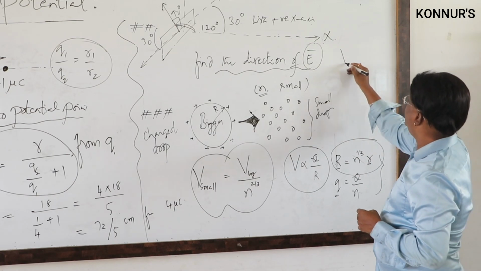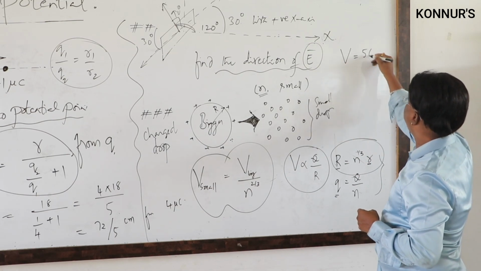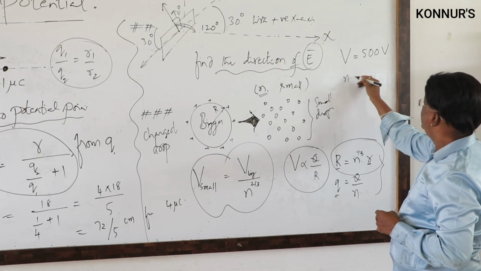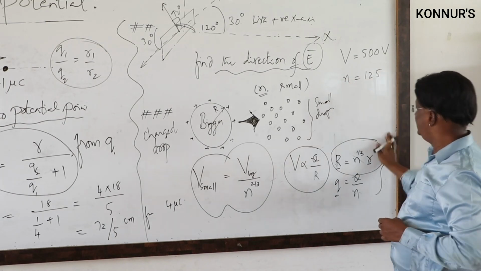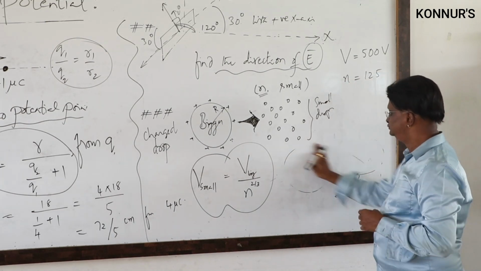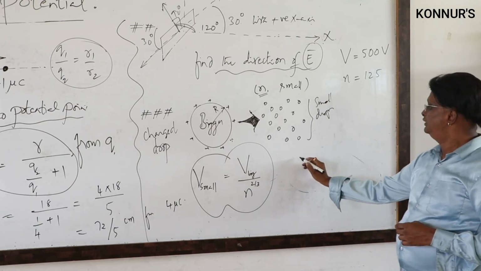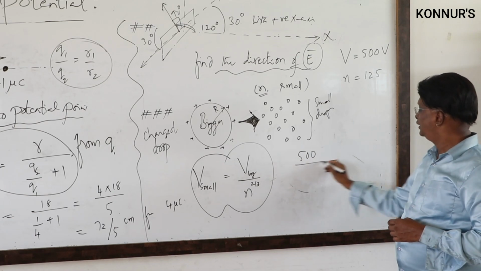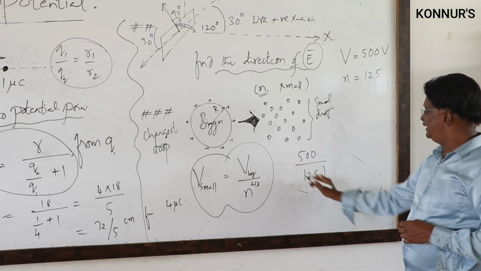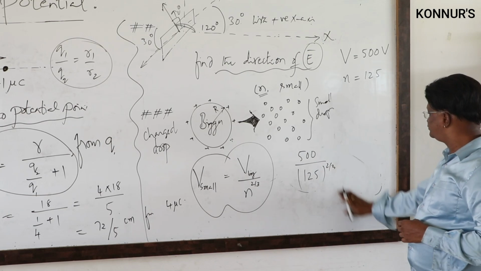Suppose in this example I say V is equal to 500 volts and n equal to 125. So what will be the answer? You did it right? So it becomes 500 upon 125 raised to 2 by 3.